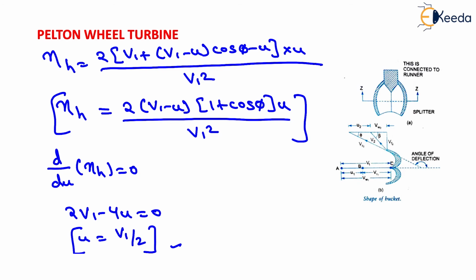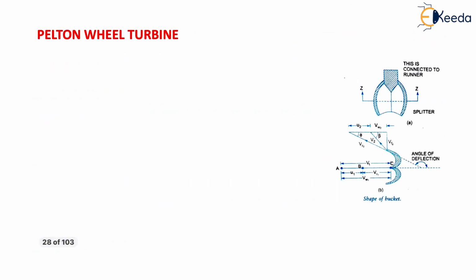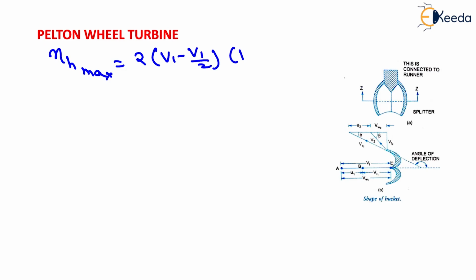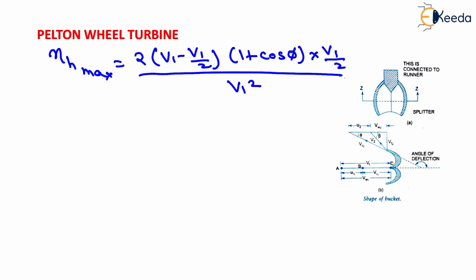Now the expression for maximum efficiency will be obtained when we substitute U equals V1 by 2. So maximum efficiency, that is eta H maximum, will be equal to 2 into (V1 minus V1 by 2) into (1 plus cos phi) into V1 by 2 upon V1 squared.